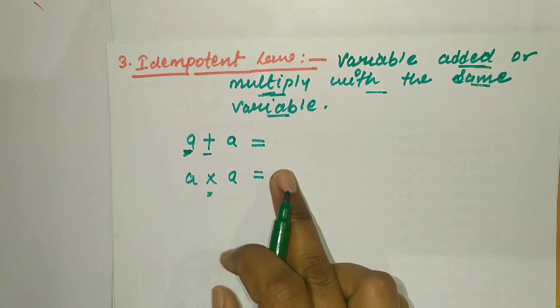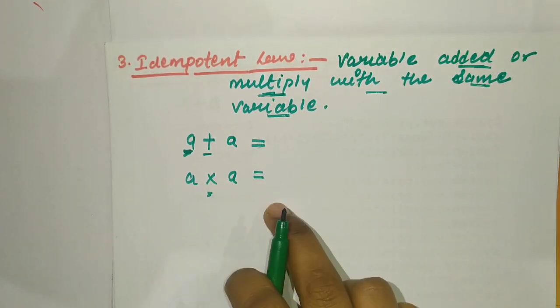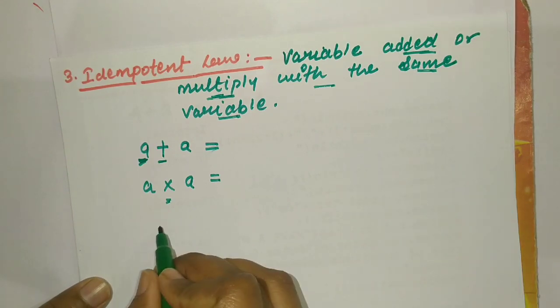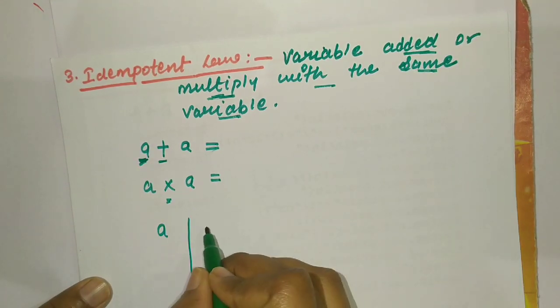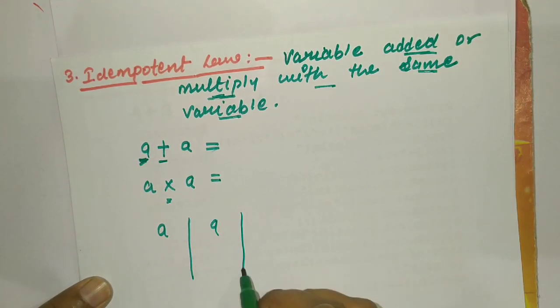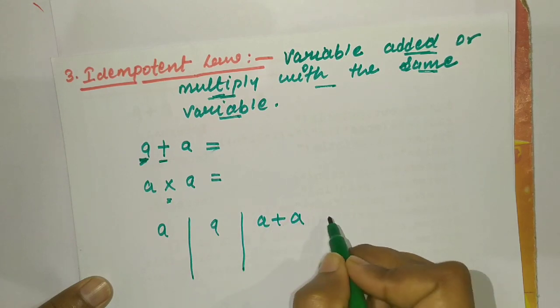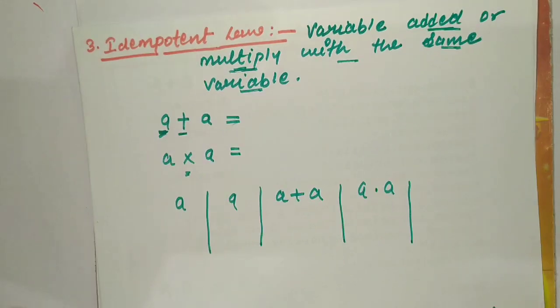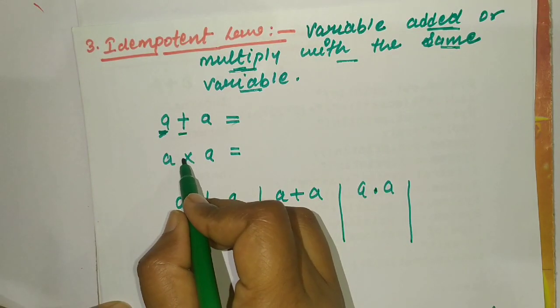So what is the output of this law? Let's find out. Suppose A, and again we write A. Then find A plus A, and also A into A. This is the sign of into, the asterisk, which is also the sign of into.